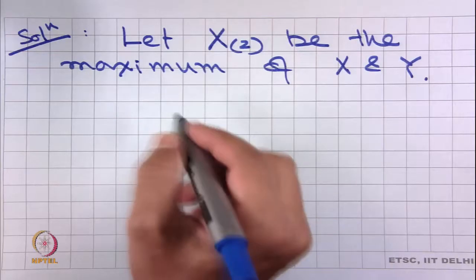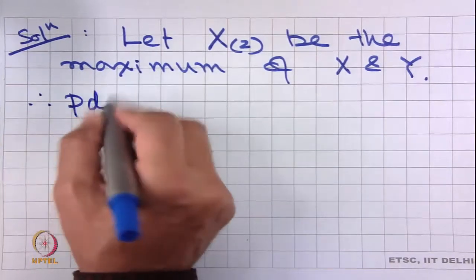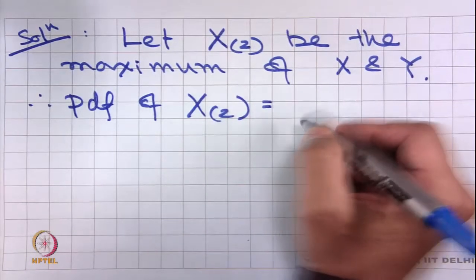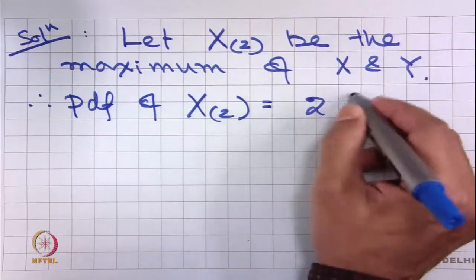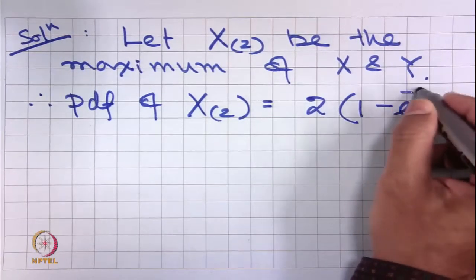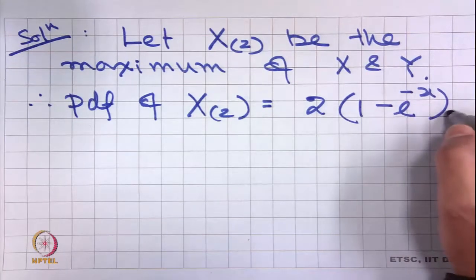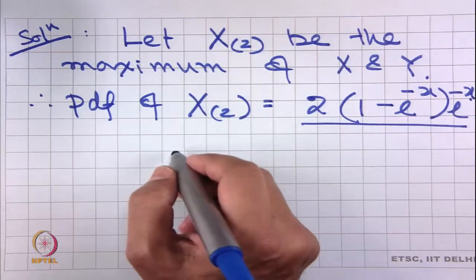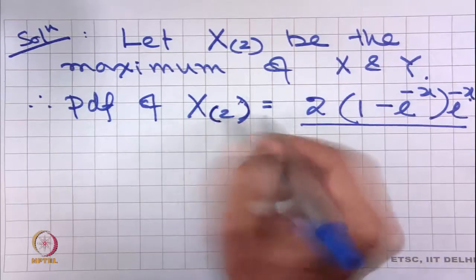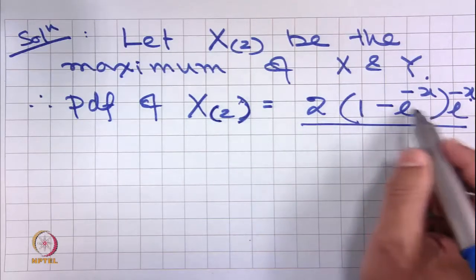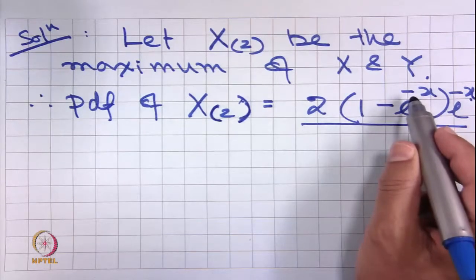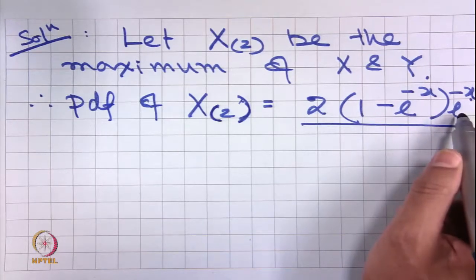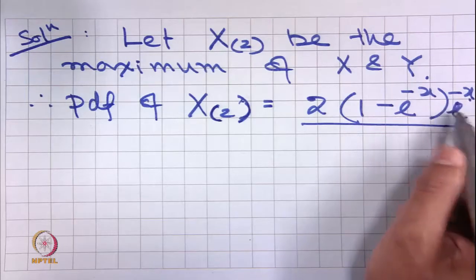So, what is the PDF of the maximum of x and y? The PDF is 2 into 1 minus e to the power minus x into e to the power minus x. Here 1 minus e to the power minus x is the capital F x, or the cumulative distribution function, and e to the power minus x is the small f x, or the PDF.